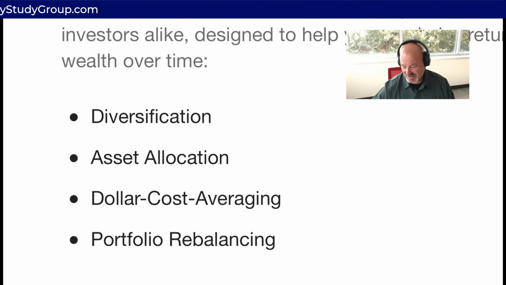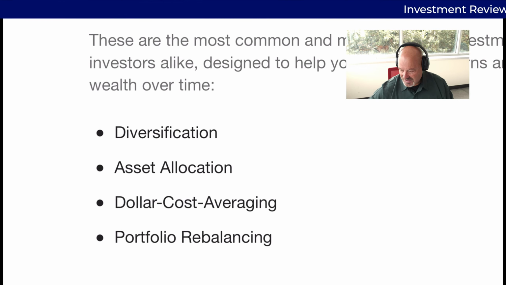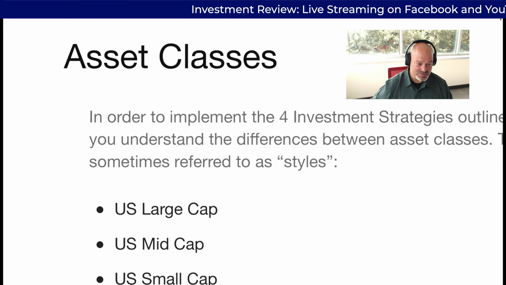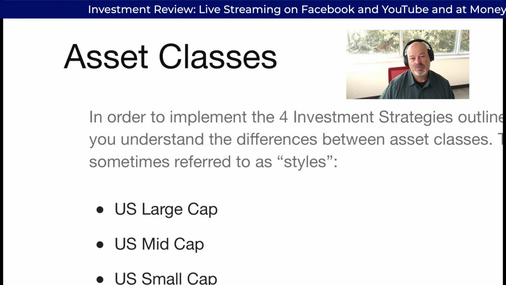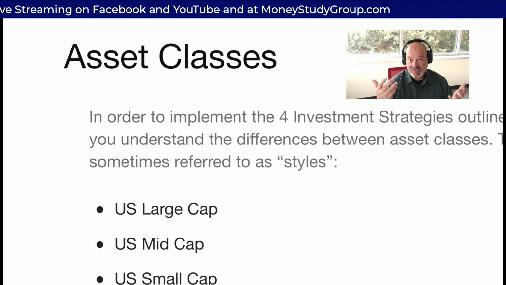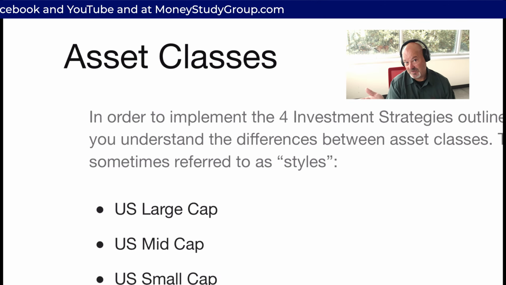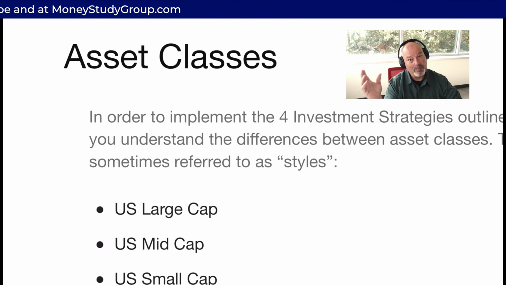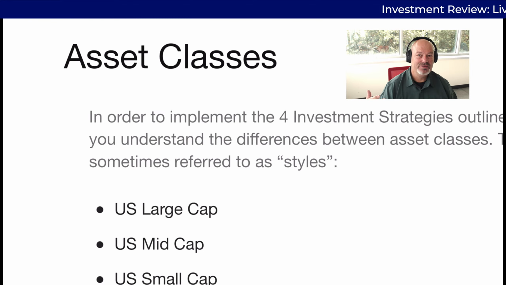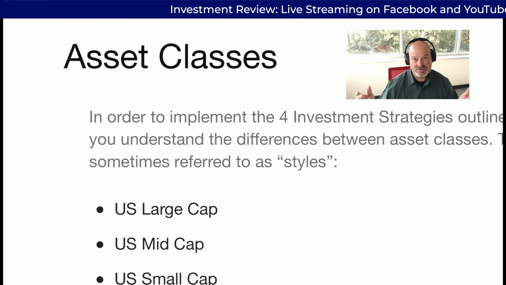The next is asset allocation, and it's a little bit more complicated. Asset allocation is one of those things where you have to understand a little bit about different types of asset classes. So I hope you took advantage of the learning opportunity this week to begin to realize the difference between a small cap stock, a large cap stock, a bond, an international stock, an international bond, gold, precious metal, Bitcoin. These are all different asset classes, and they all move differently when the market does certain things.